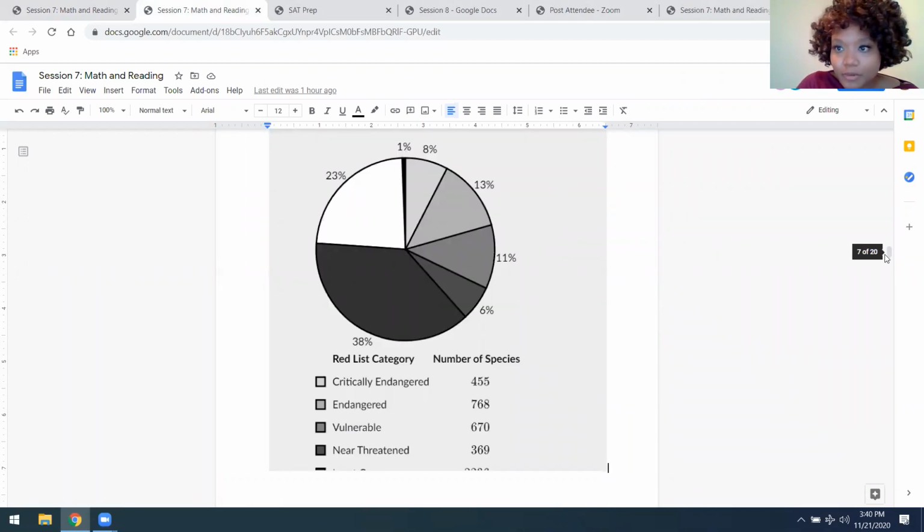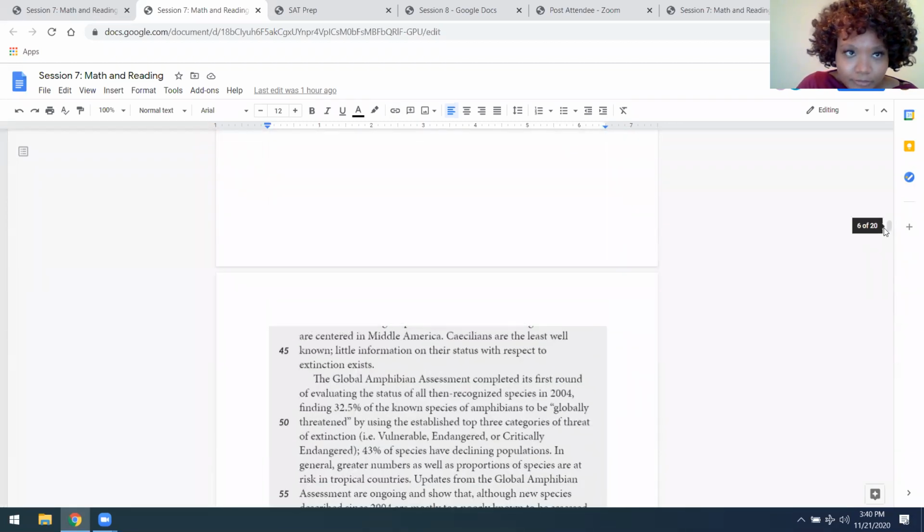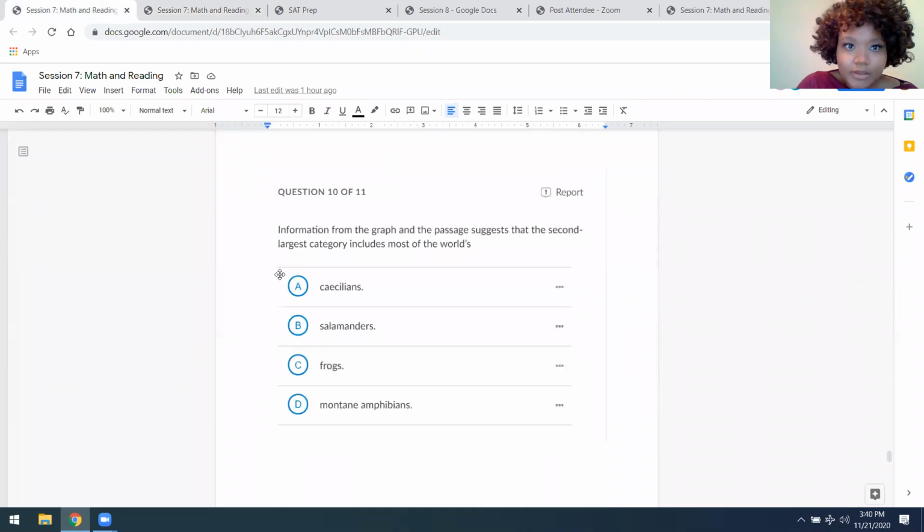DM says line 44, we'll look at it quickly. 44. So it says information from the graph and the passage suggests that the second largest category includes most of the world. Well, let's look at the second largest category.